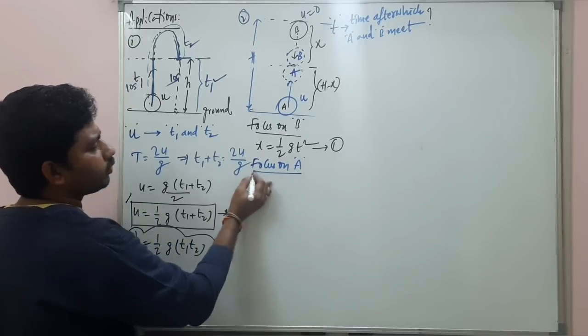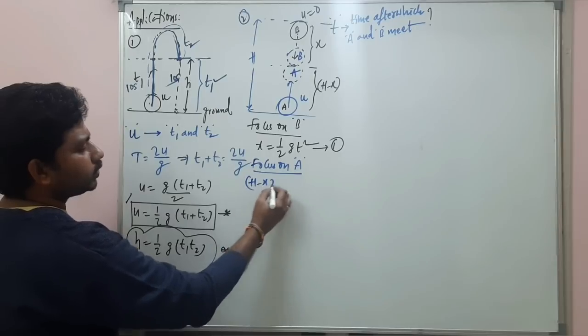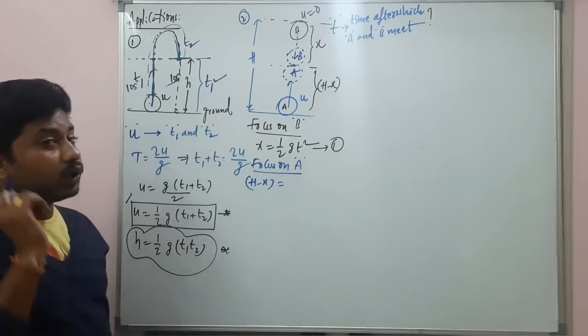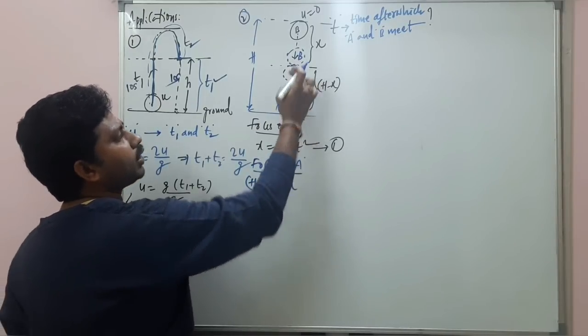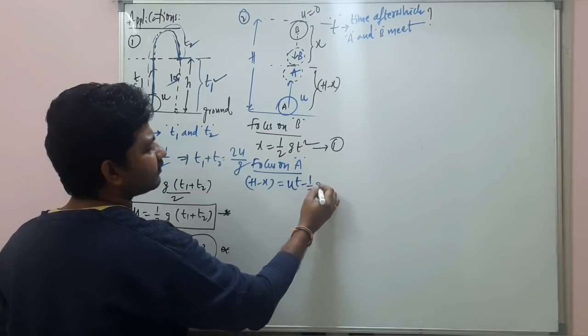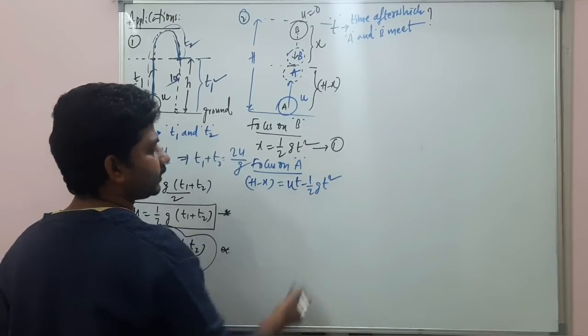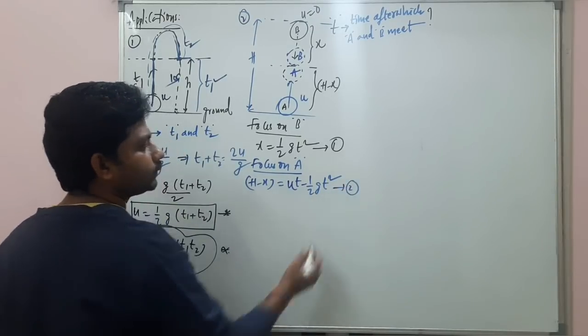If you focus on A, what happens? h minus x is equal to, this is S is equal to ut, initial velocity u, t, the time taken by the body to meet the other body is t, right? So minus half g t square. Okay. So this is my equation 2.